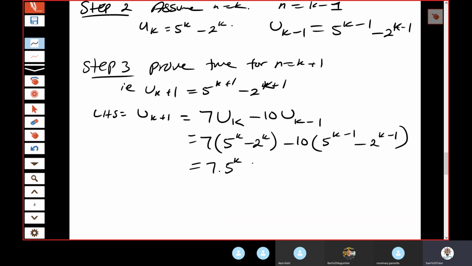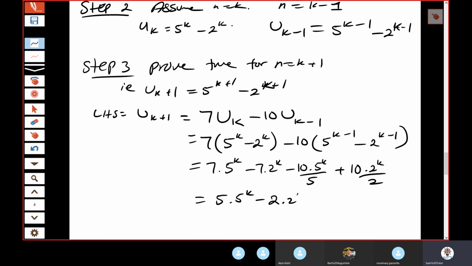Okay, I will do 7 times 5 to the k minus 7 times 2 to the k minus 10 times 5 to the k over 5, because you know you need 5 to the k, so you can actually simplify these, plus 10 times 2 to the k over 2. Okay, 7 take away 2 is 5. Minus 7 plus 5 is minus 2. And I think we got it.